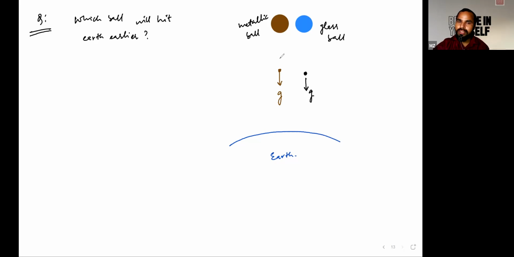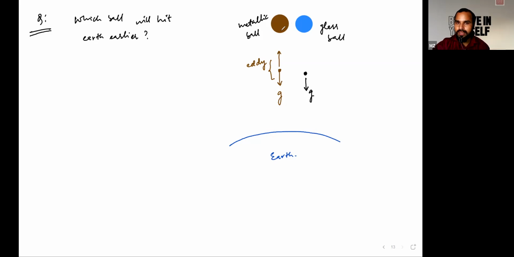Due to that change of magnetic flux through the metallic ball, according to Lenz's law, it will get repelled by the eddy current or EMF induced. So the net acceleration of this ball would decrease with respect to gravity.